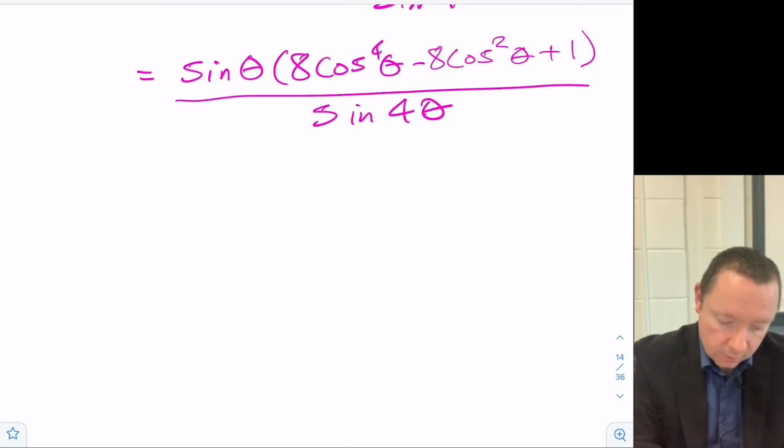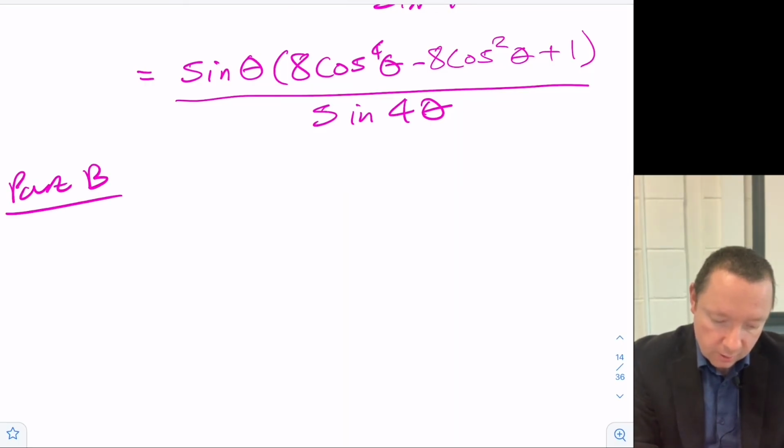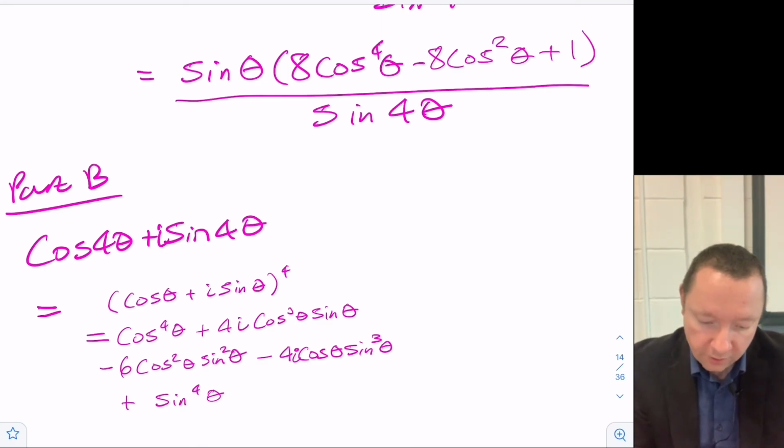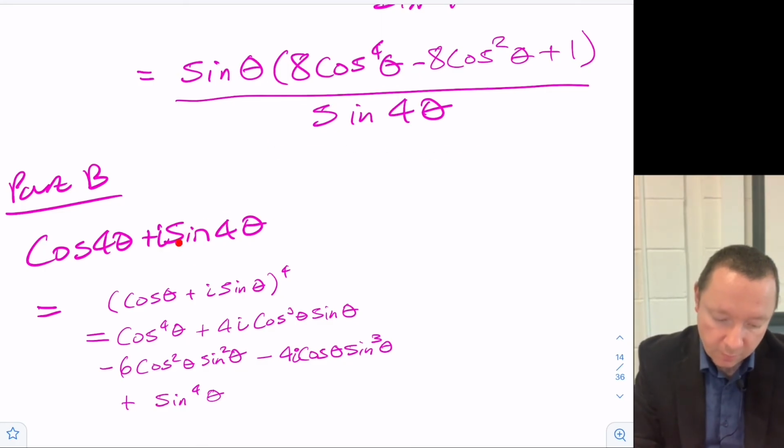Okay, part B told us that cos 4 theta plus I sine 4 theta equals, I'm just going to paste this in. So if we want to know what sine 4 theta is, we can just equate the imaginary parts, because we've got an I here, to the imaginary parts of this hand side.